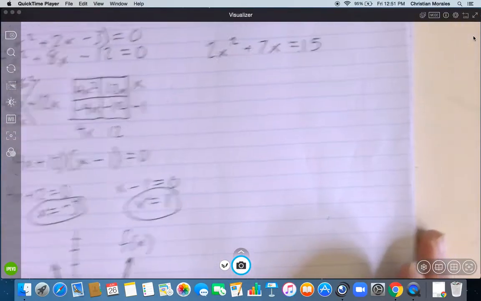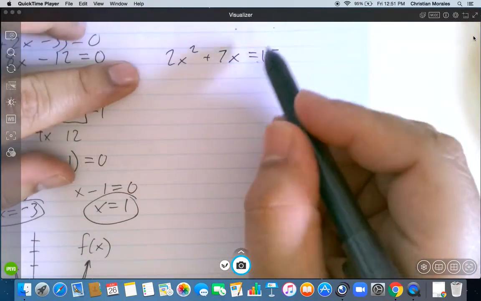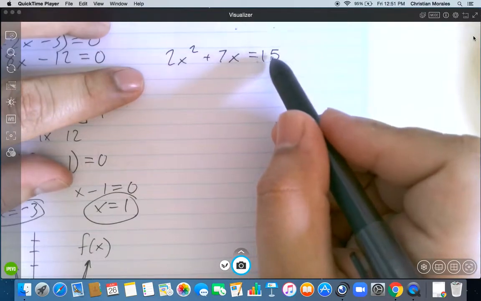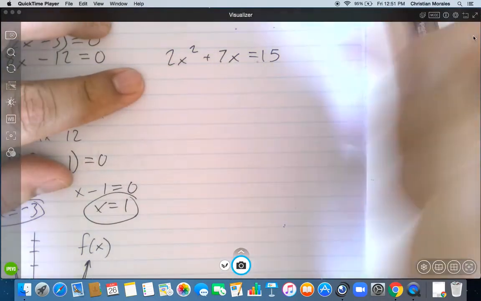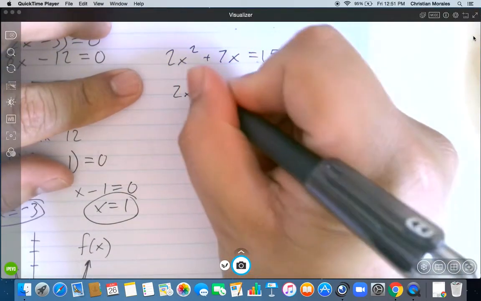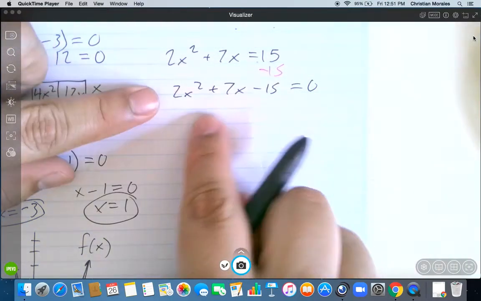All right. This one now. 2x squared plus 7x equals 15. Okay, again, there's a problem. It's not equal to 0. So you want to move the 15 over. So we're going to do inverse operations. Get this. Now it's a trinomial.